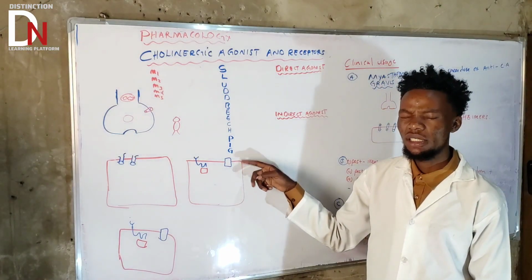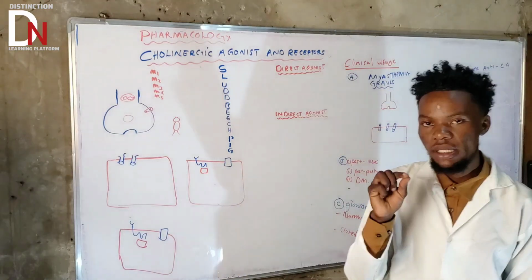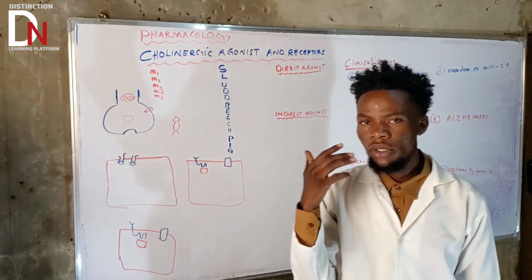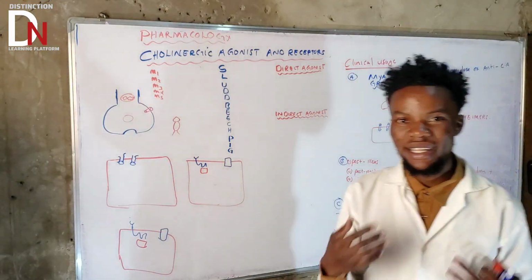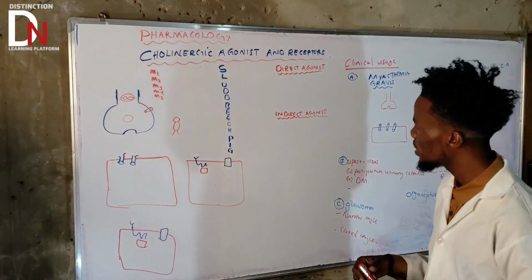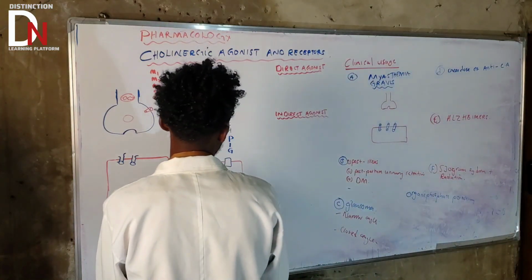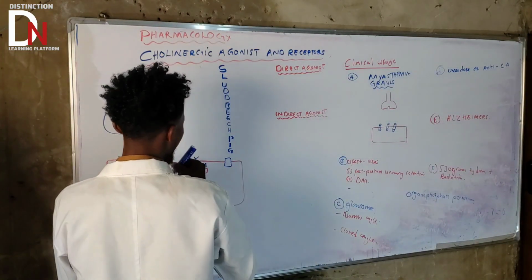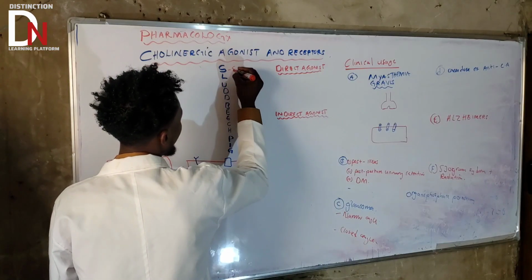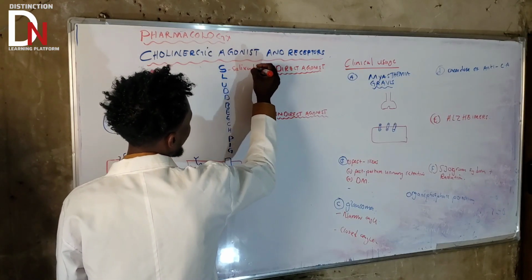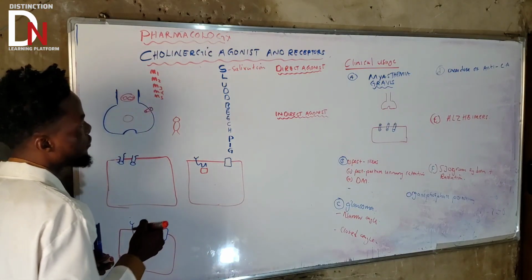This mnemonic summarizes all the functions of the parasympathetic nervous system, and we are going to pick at least one or maybe three functions that we use clinically. So what's the first one? The first one is salivation. Basically, the parasympathetic nervous system promotes salivation.